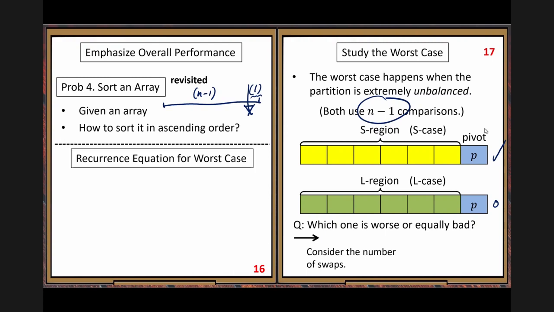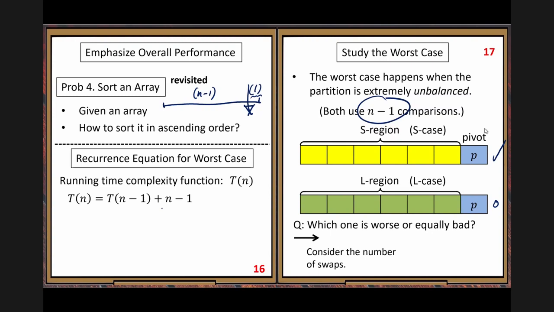Recurrence equation for worst case. Now we can write out the recurrence relation for the running time complexity function. Suppose we use T of n to represent total number of comparisons. T of n equals T of n-1 plus n-1, because this partition needs n-1 comparisons.